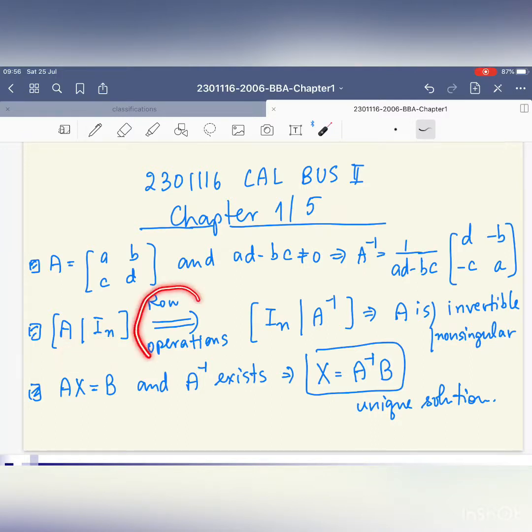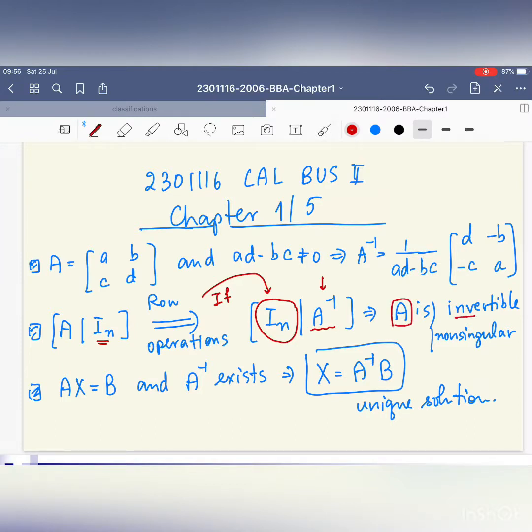And you do a series of row operations until, if you can reduce your A into the identity IN, then the part with the IN at the beginning will reduce into the A inverse. If this happens, then we say that your A is invertible or non-singular, which means that your A inverse exists.